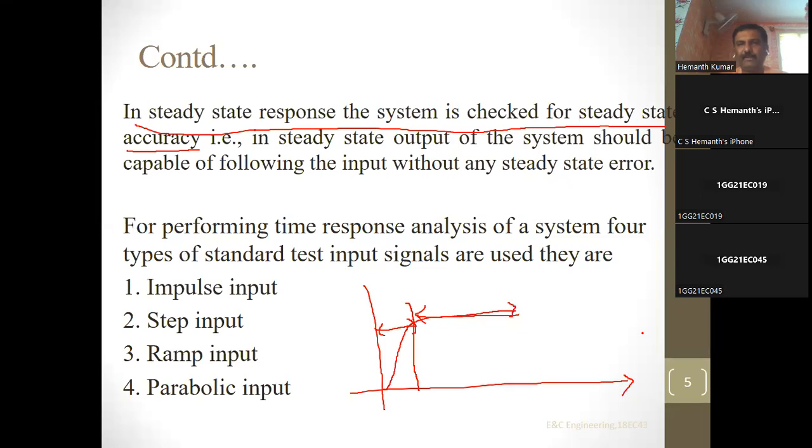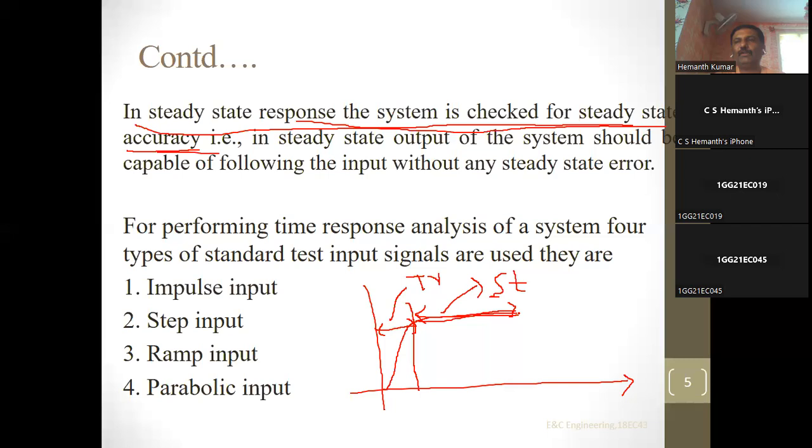Let me understand the things very clearly, transient and steady state response. This portion is referred to as transient, wherein this is referred to as the steady state response. From the definition, in the steady state response the system is checked for accuracy.